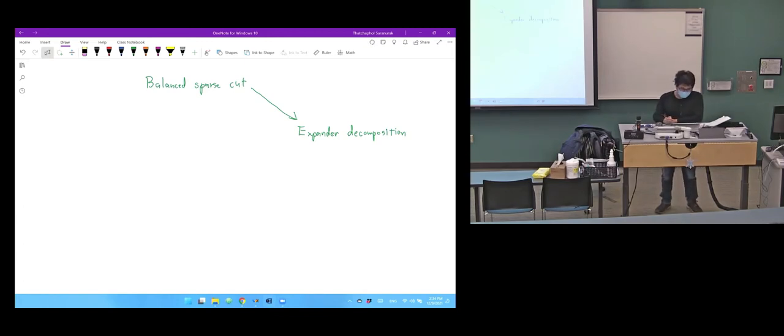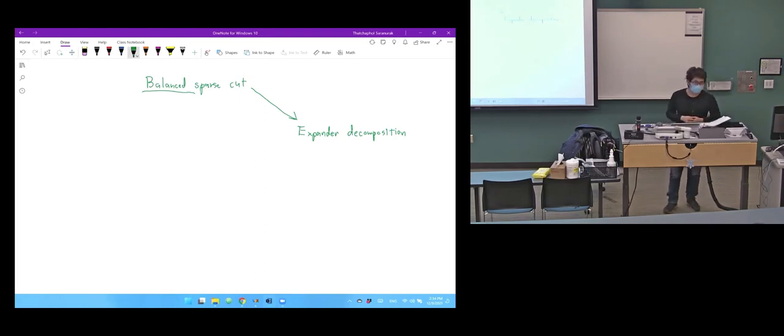What we showed in class, with the notion of expander, is a proof about expansion. But this strategy works for any notion of sparsity, really. If it is about conductance, you just need to find the most balanced sparse cut where the sparsity is conductance.